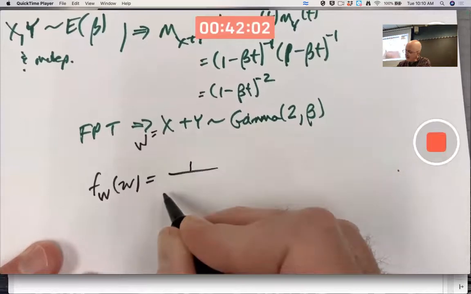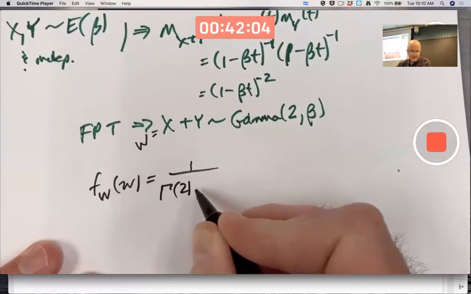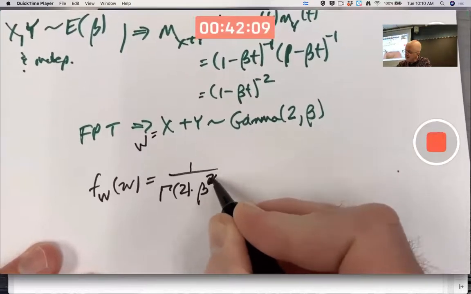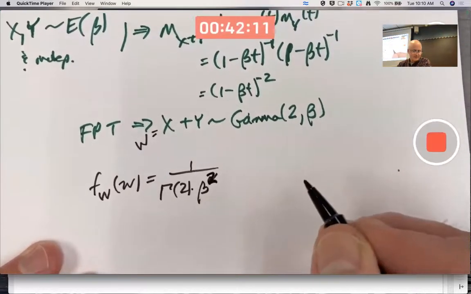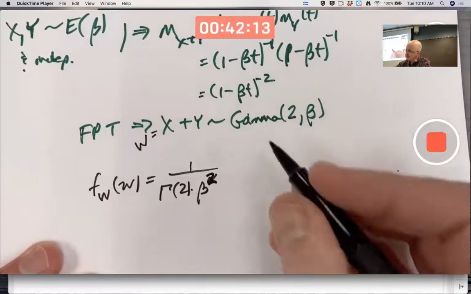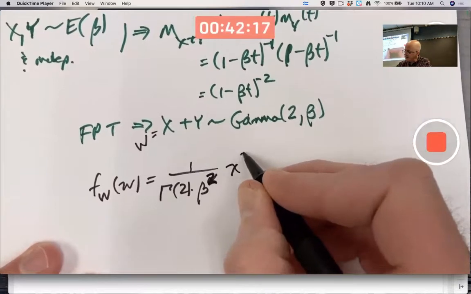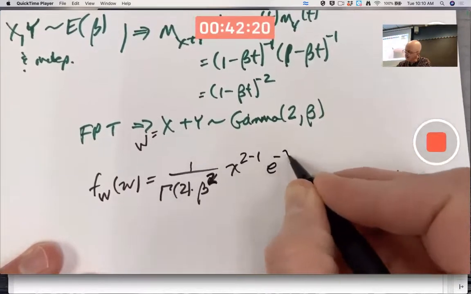The PDF would be 1 over capital gamma of 2 times beta squared. In general it's beta to the alpha times x to the alpha minus 1, which is 2 minus 1, e to the negative x over beta.